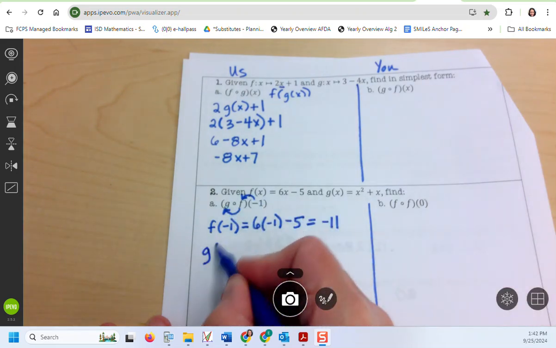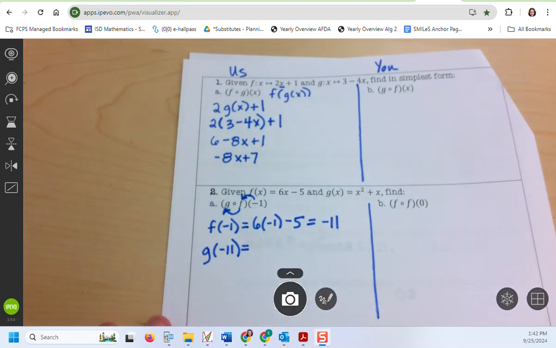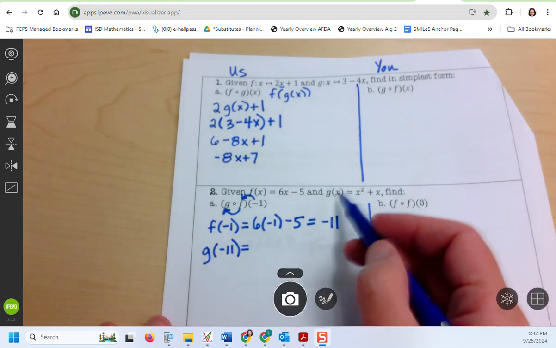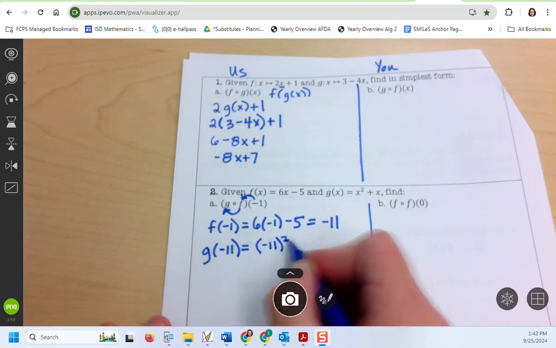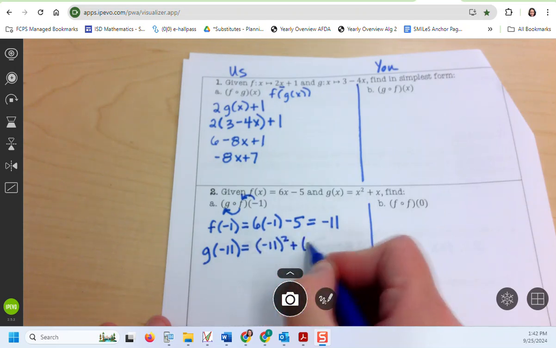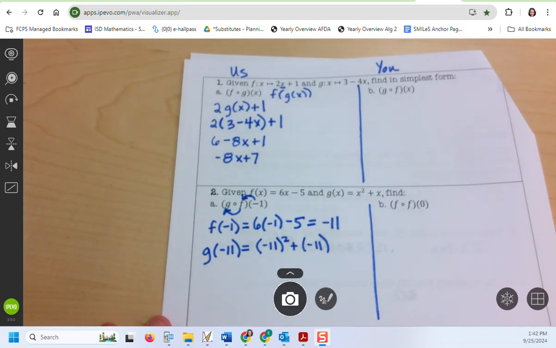So g of negative 11. Here's function g. So I put negative 1 into f. I put that answer into g. And now I just have to evaluate.